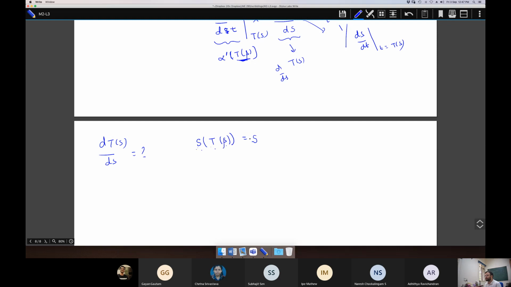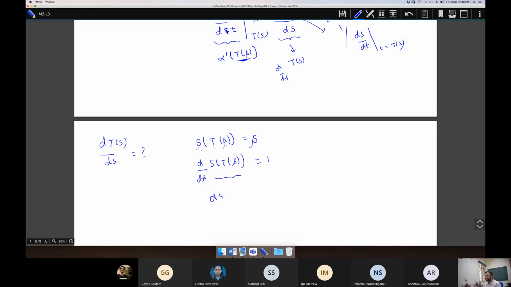Here, this is the variable s. This is the function arc length. This is the inverse function capital T. Can I differentiate both sides with respect to s? Yes. Do d by ds of s of t of s. What will be the right hand side? 1. So how do I do this differentiation?